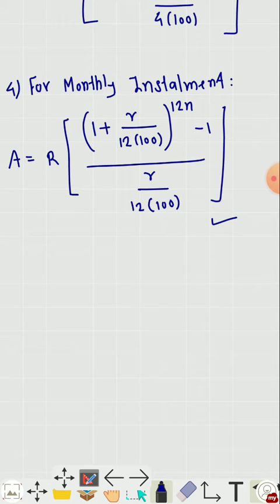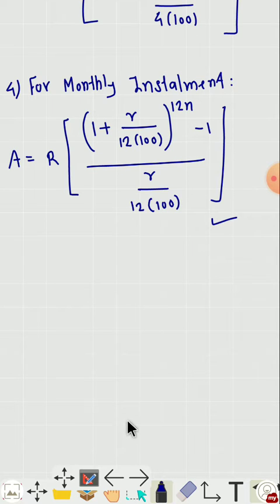One need not take special effort to learn by heart each of the above formulae. All these formulae are derived on the following basis.